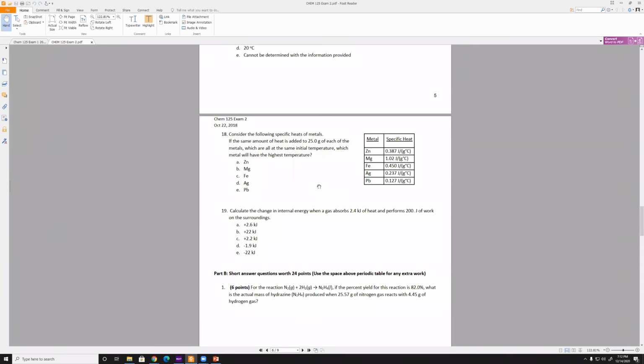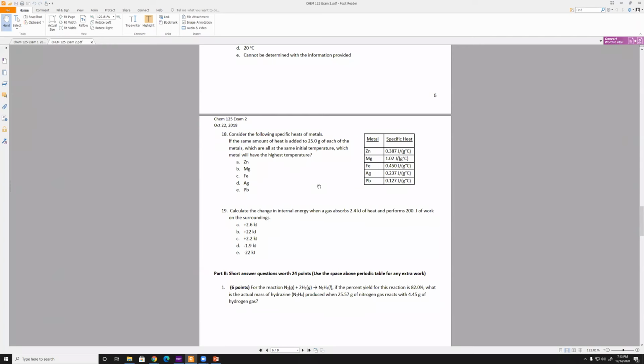All right, number 18. Consider the following specific heats of metals. If the same amount of heat was added to 25 grams of each of the metals, which all have the same initial temperature, which metal would have the highest temperature? Whichever one has the highest temperature after heat is added has, you tell me, the lowest specific heat or the highest specific heat?